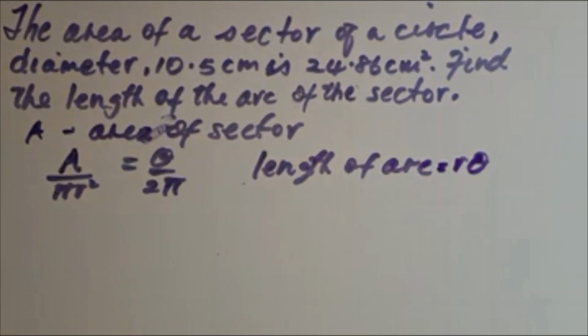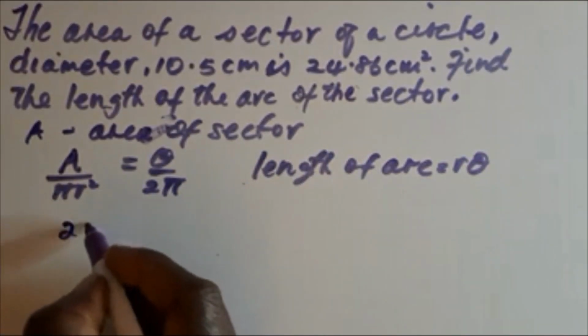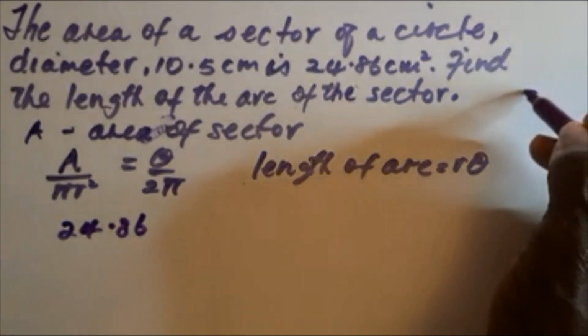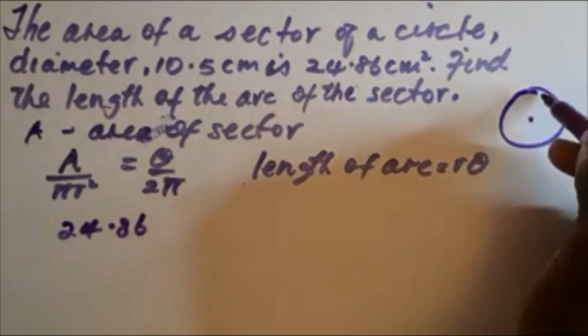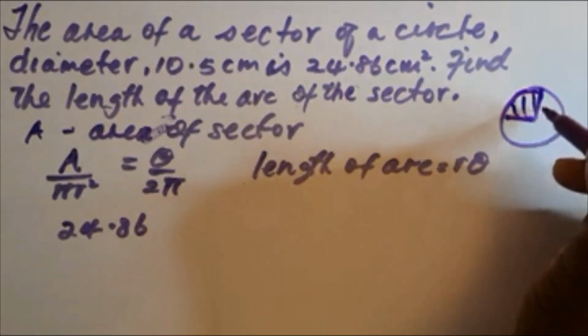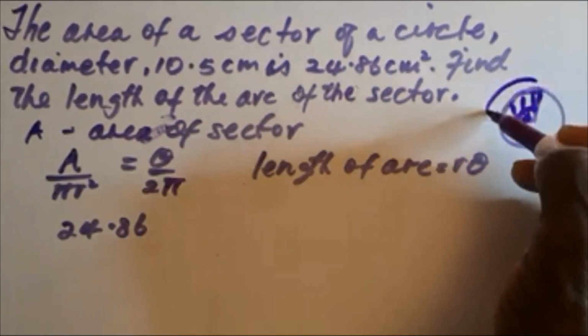So we have the area, we have the diameter, and if we look at the area of the sector, we know that's 24.86. We're trying to find r theta. On a sketch, let's say this is the area, this is the angle theta, and this is the arc.